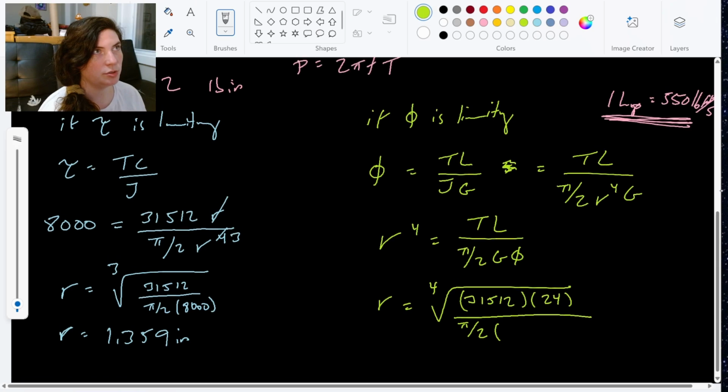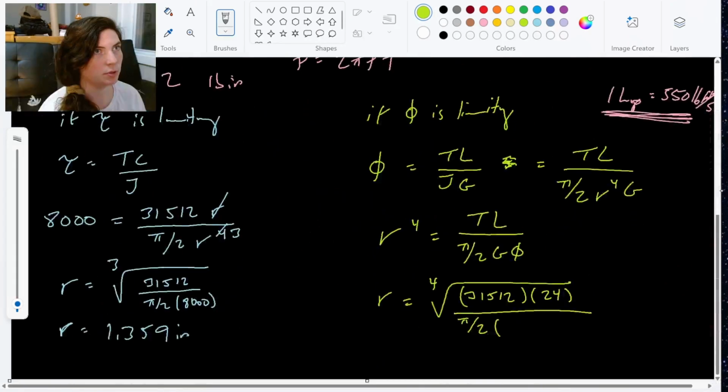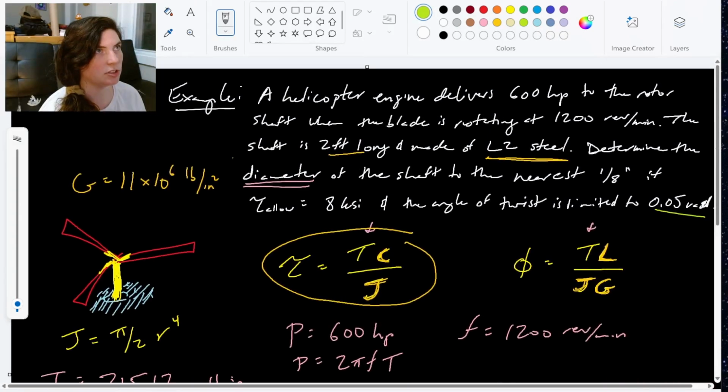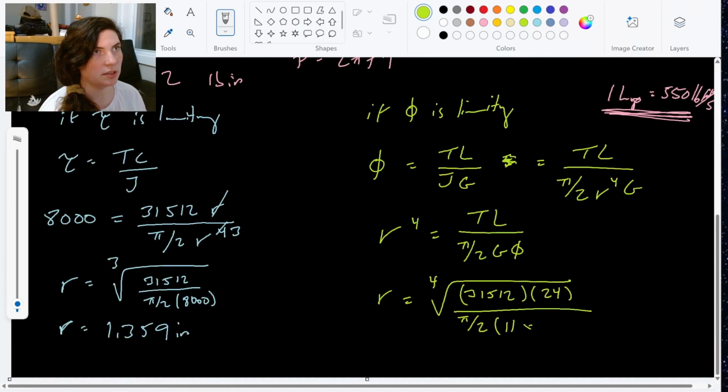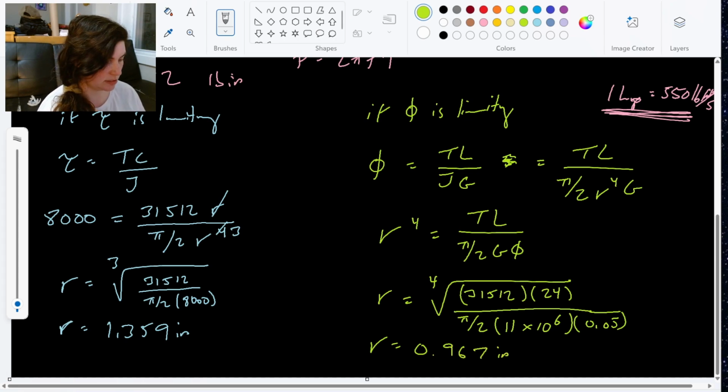Pi over 2 times, we pulled that shear modulus of elasticity value, 11 times 10 to the 6th, times 0.05 radian. Oof, what a mouthful to put into your calculator. Gives us a radius of 0.967 inches.